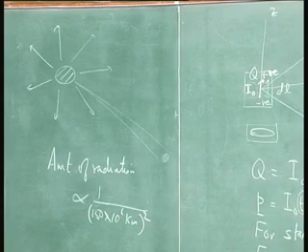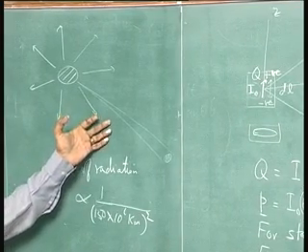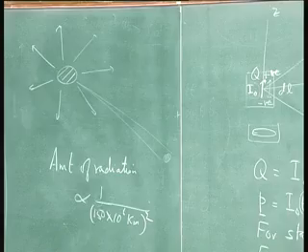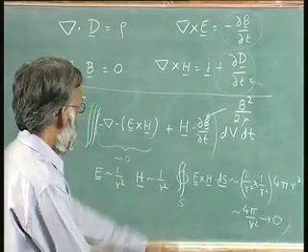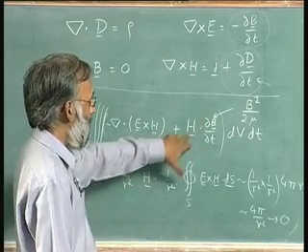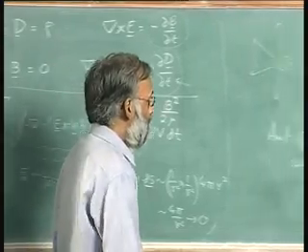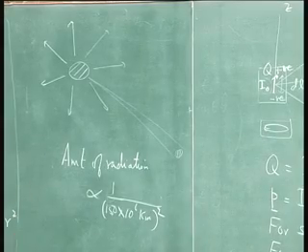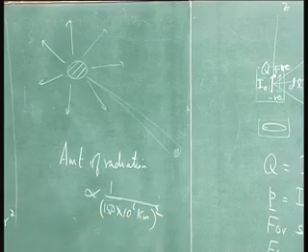So, the question immediately comes up is, what can light possibly do with electricity and magnetism? In electricity and magnetism, the energy stored in the field, which goes like E squared or B squared, will go as 1 over r to the power of 4, whereas here we are saying amount of radiation goes as 1 over r squared.